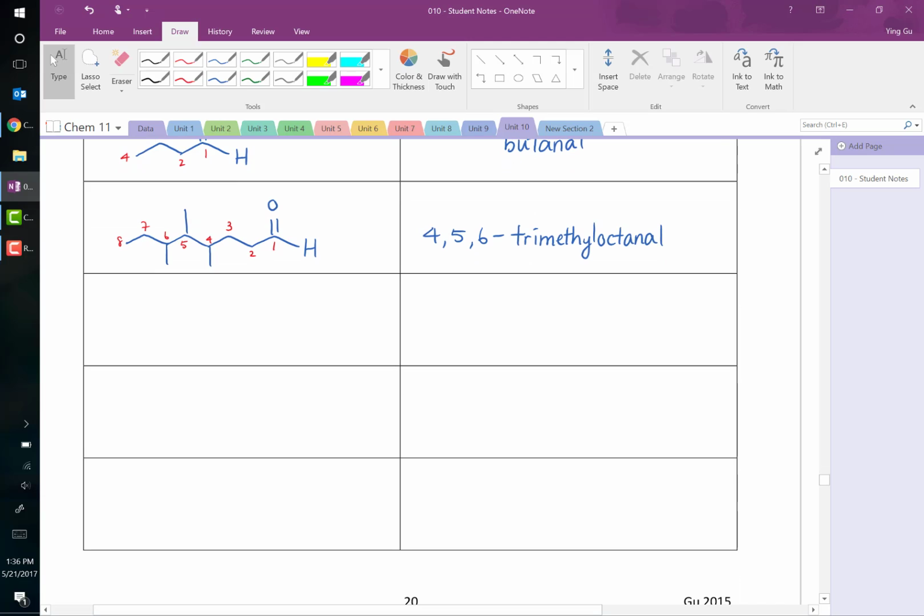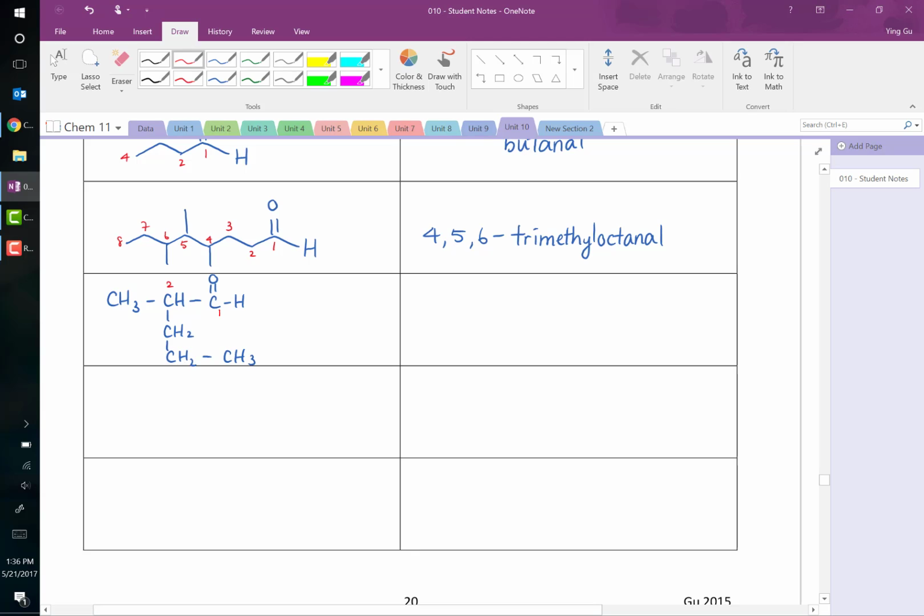We haven't done a condensed structure in a while, so I'm going to give the next one as a condensed structure. Here is the aldehyde in the first position. CH3. Okay. Here is the first carbon. Here is the second.